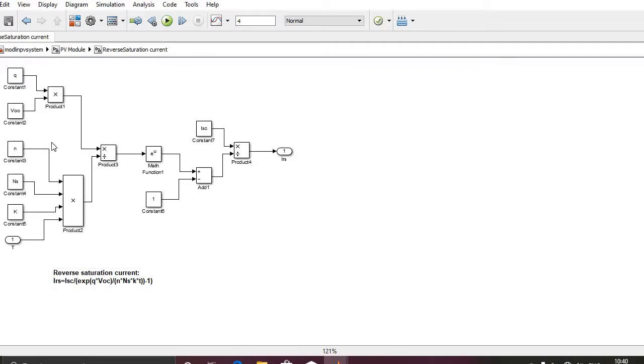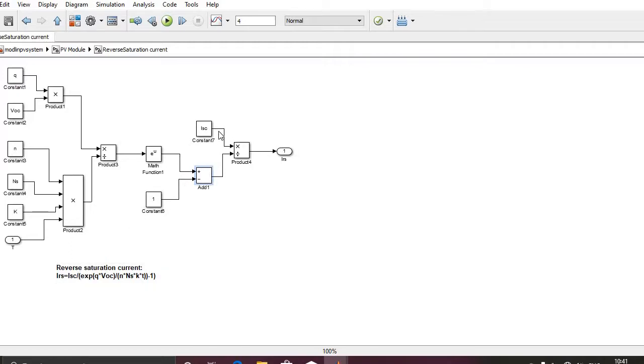First we take q into VOC, then divide it by N NS K T. This whole term is in the form of an exponential, so we add a math function e raised to u, and from this we subtract 1.